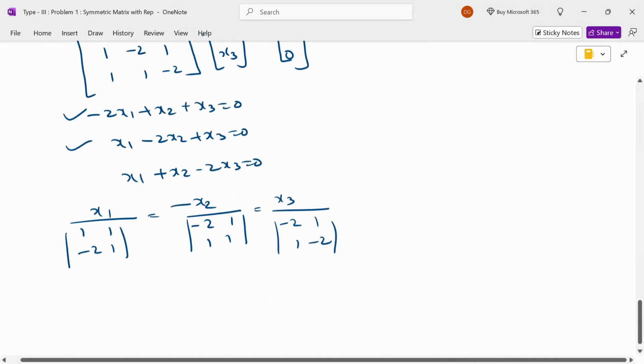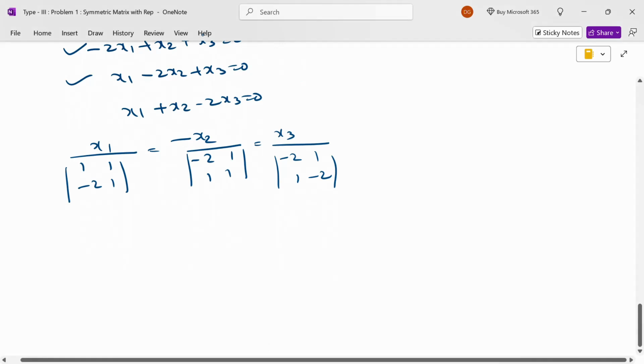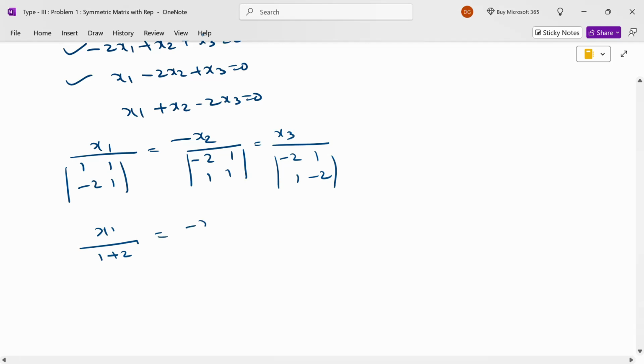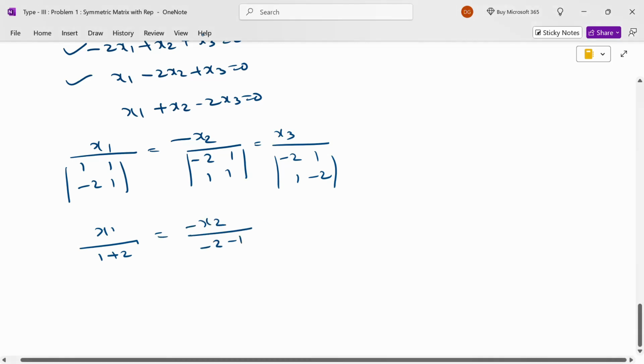Therefore x1 divided by 1 minus of minus, plus. So 1 plus 2. Then minus 2 minus 1. Then 4 minus 1. Therefore 3, minus 3, plus 3. The minus will be cancelled.